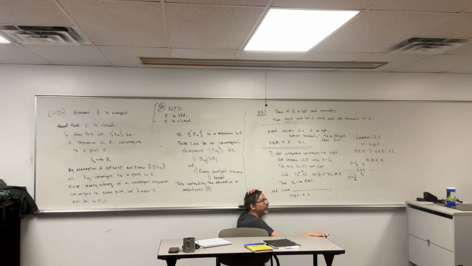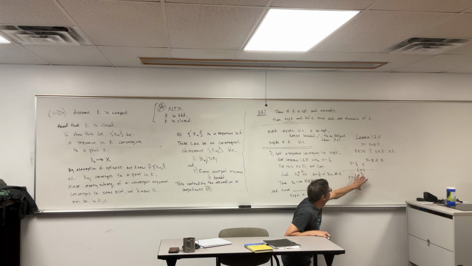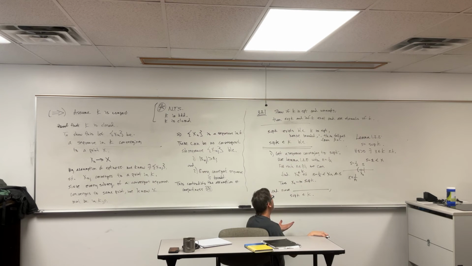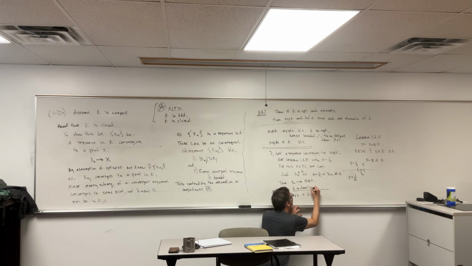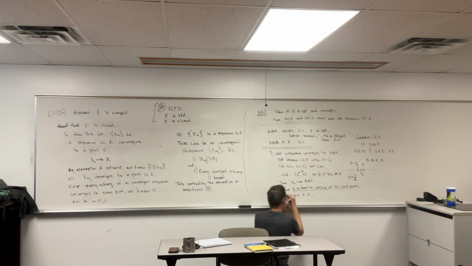How do we use closedness? It's a limit point, exactly. I've just shown, thank you Ashley, that I produced a sequence that converges to the sup. That means it's a limit point, and since K is closed, it contains all its limit points, i.e., the sup is in K.